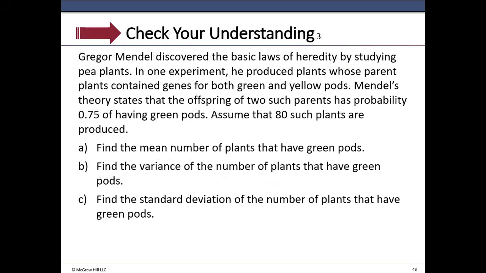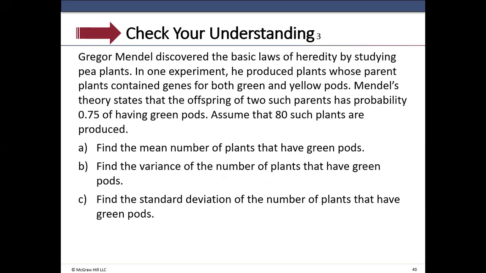Okay. Gregor Mendel discovered basic laws of heredity by studying pea plants. In one experiment, he produced plants whose parent plants had genes for both green and yellow pods. Mendel's theory states that offspring of two such parents has probability of 0.75 of having green pods. Assume that there are 80 such plants.